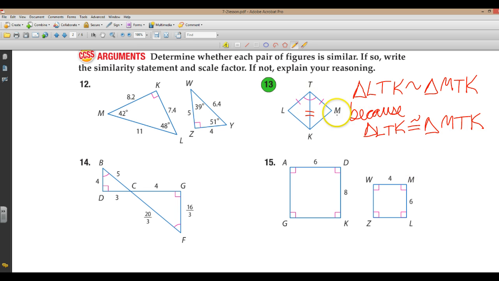So if the two triangles are congruent, then that means that their corresponding sides will be in a 1-to-1 ratio. So the scale factor is just 1.